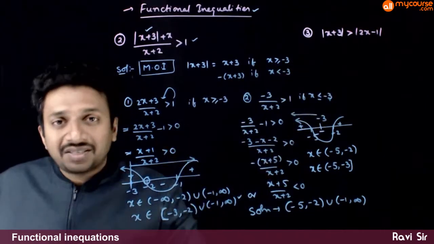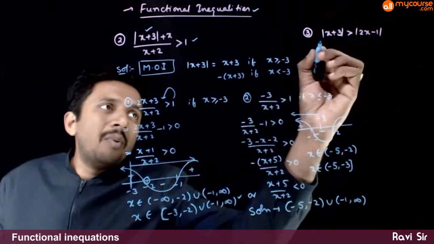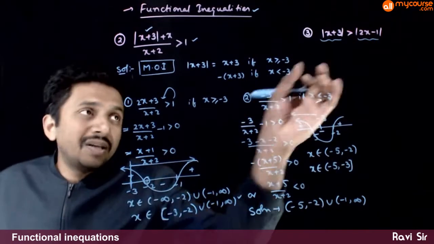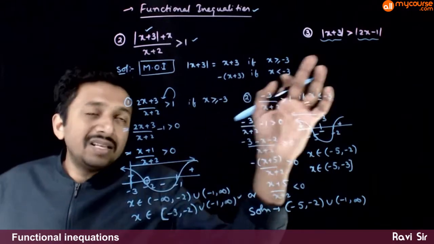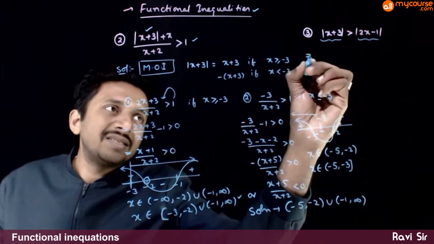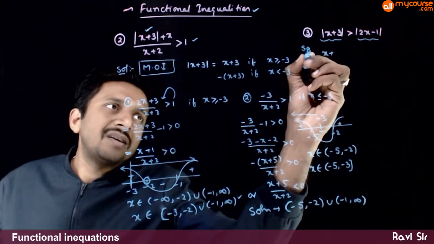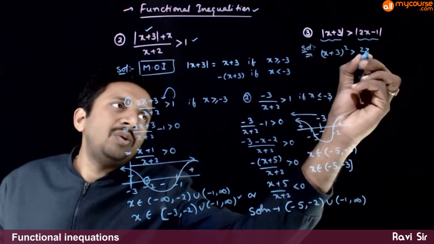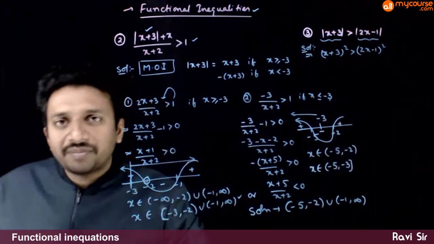So now if you go to the next inequation, mod of something is greater than mod of something. So how can this be solved? This is exactly same as x plus 3 whole square is greater than 2x minus 1 whole square.